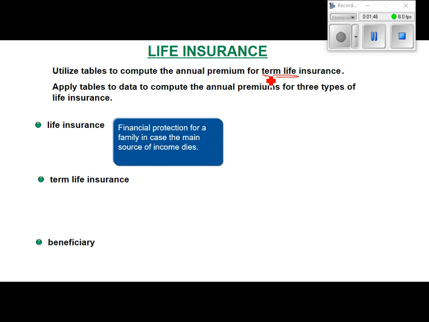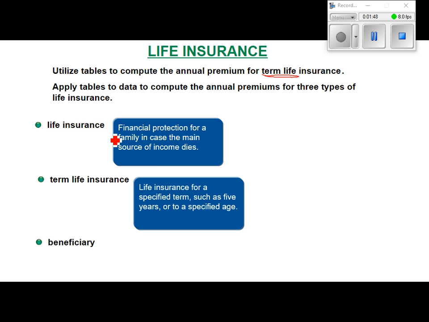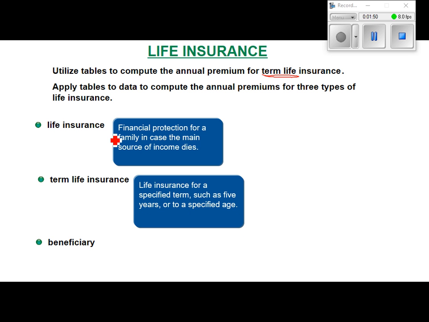Term life insurance. Term life insurance is the cheapest life insurance. The bad thing with term life is you get the life insurance for a specific term, such as 5 years, or to a specific age, maybe 40, 45, or whatever.